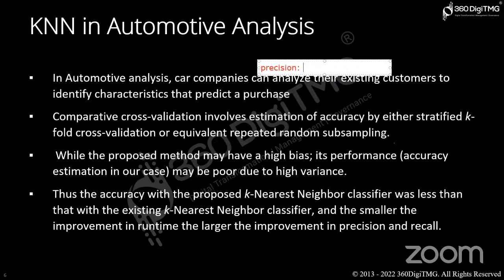It refers to the number of true positives divided by the total number of positive predictions.